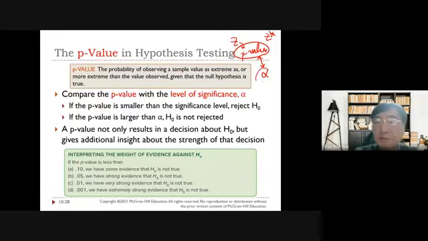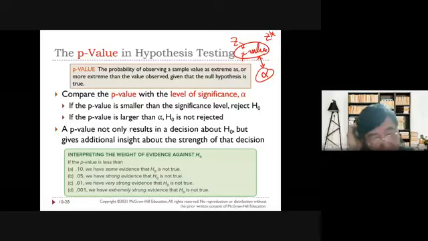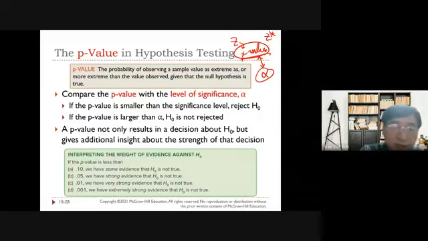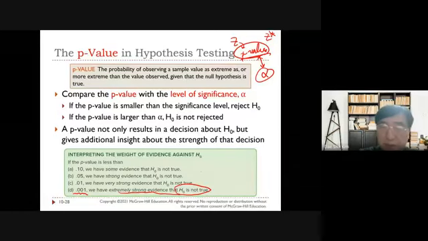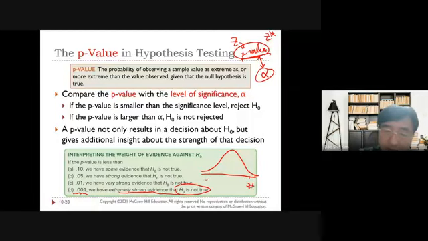Alpha is given by the researcher. If the p-value is very small, like 0.001, that is extremely strong evidence against H0. It's quite different because here is Z star, minus Z star, this is half alpha and this is another half alpha.